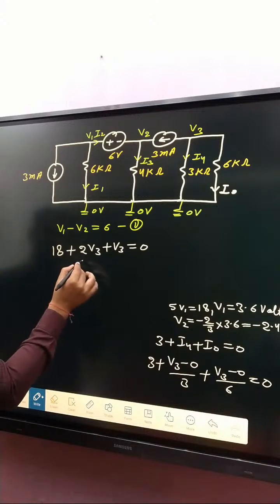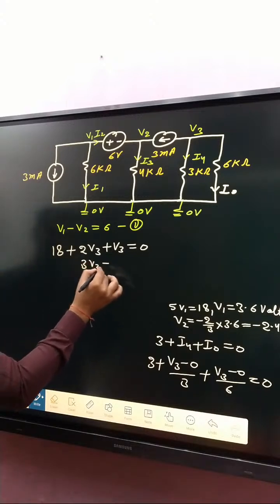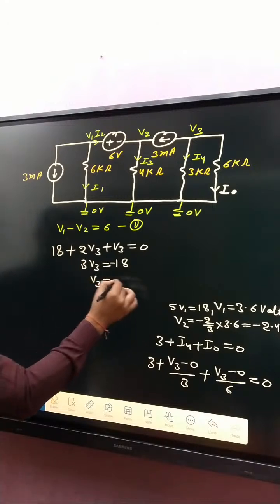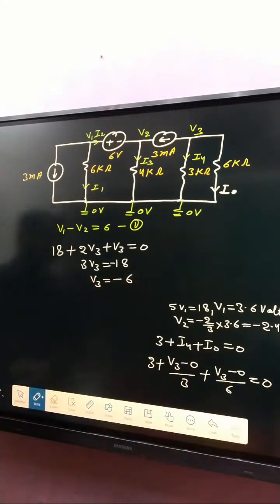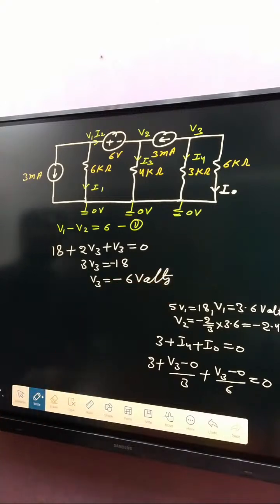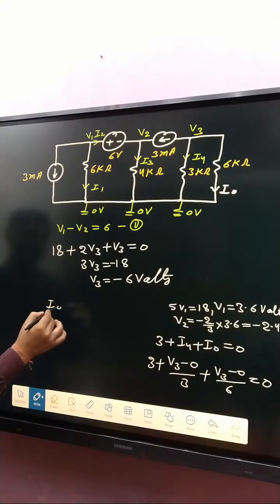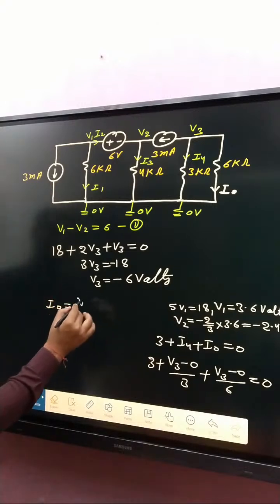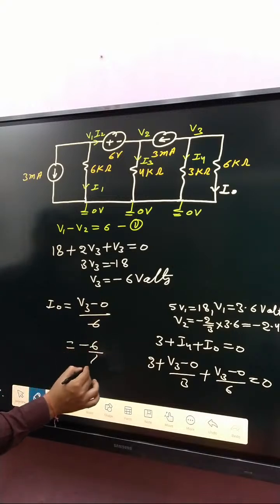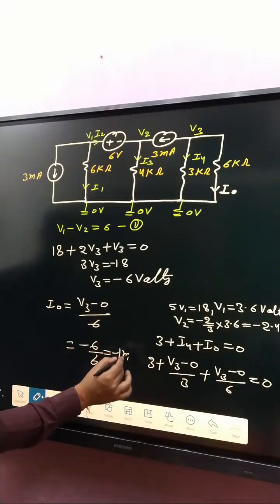So we got 3V3, this is equal to minus 18. So V3 is how much? Minus 6 volt. Our motto is to determine I0. So I0 is basically V3 minus 0 divided by 6. So minus 6 divided by 6. So minus 1 milliampere is the right answer.